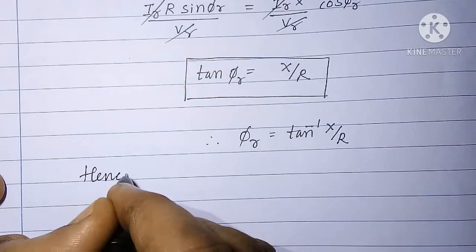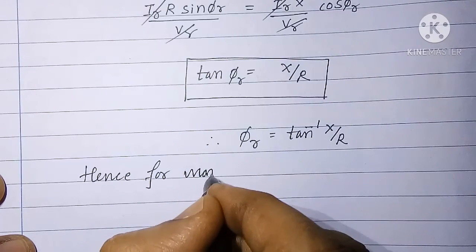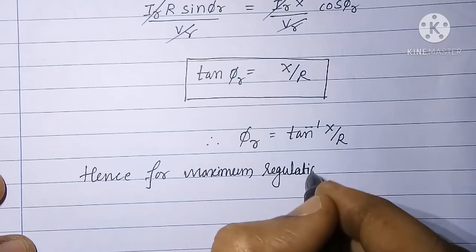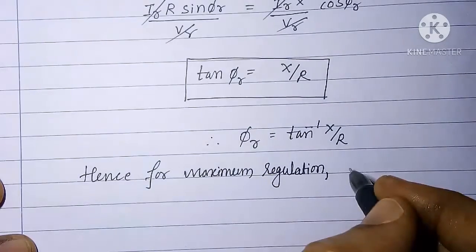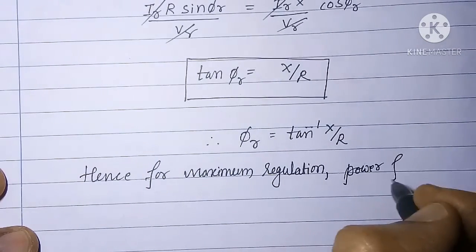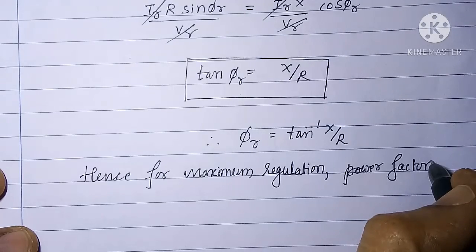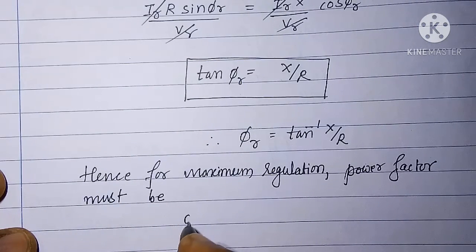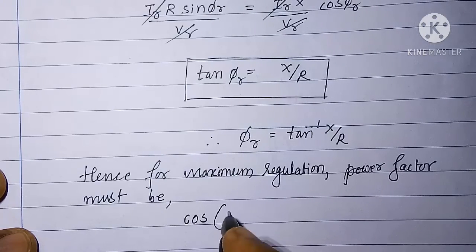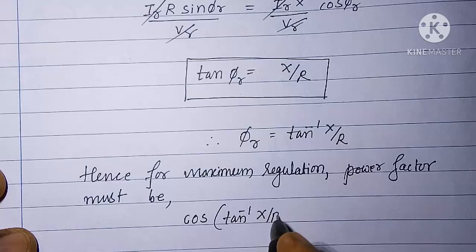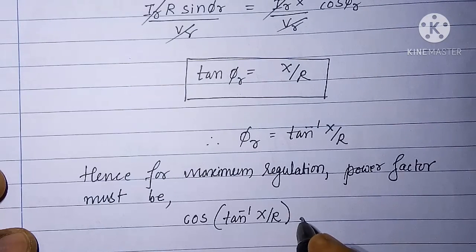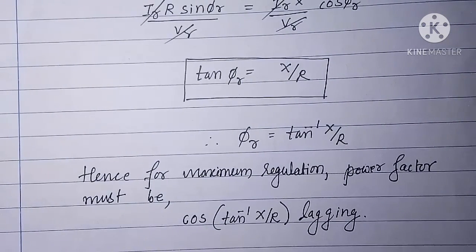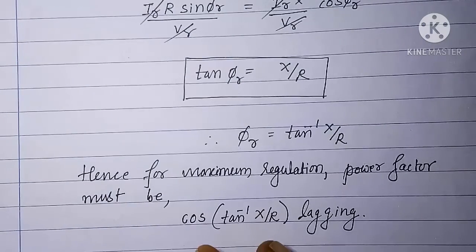Hence, for maximum regulation, power factor must be cos of tan inverse of X by R, and this will be lagging, because it has got positive sign here.